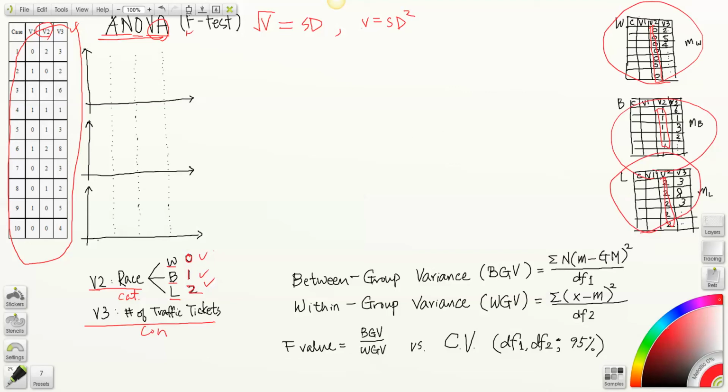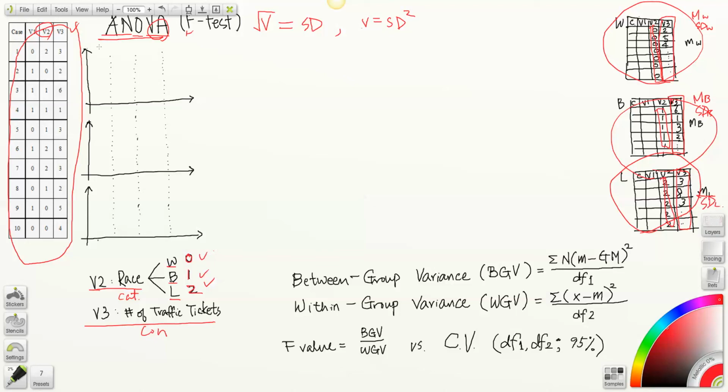And once you do that, you are going to do univariate analysis of this continuous variable for each subsample. So you're going to find the mean number of tickets for the white subsample and standard deviation of the white subsample, mean number of tickets for the black subsample, standard deviation of the black subsample, mean number of tickets for the Latino subsample, and standard deviation of the Latino subsample.